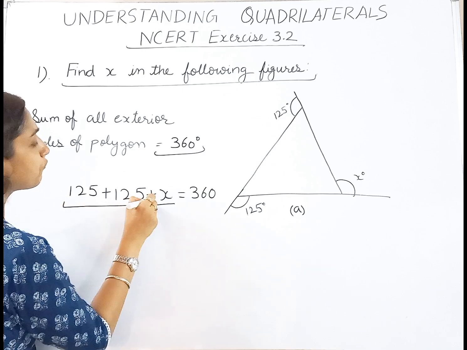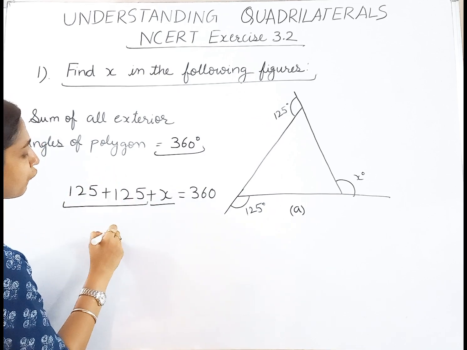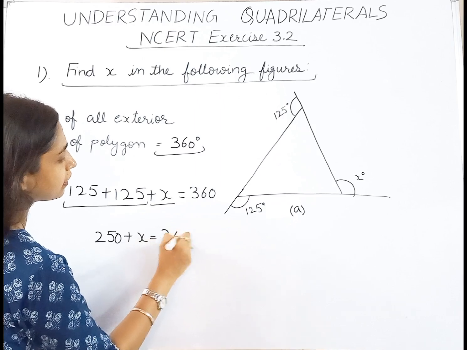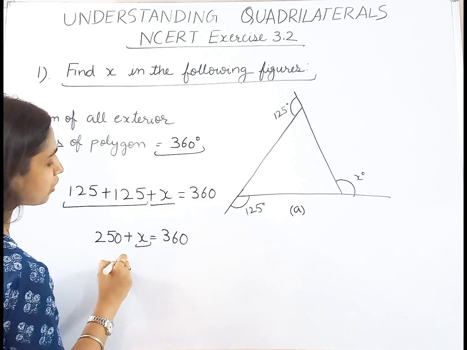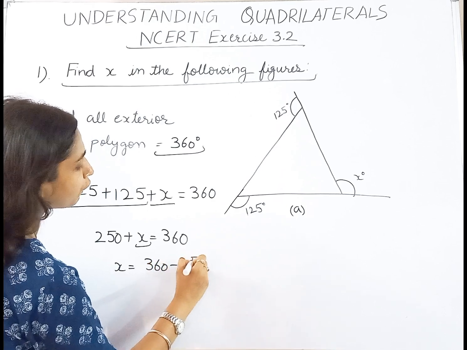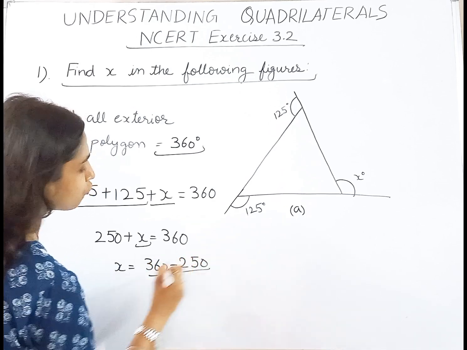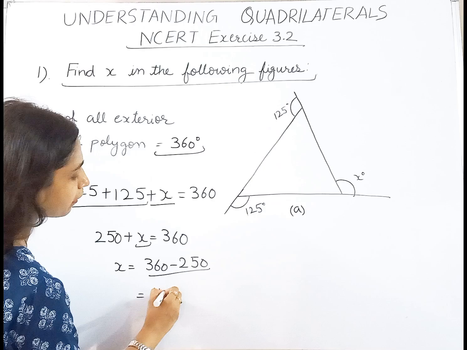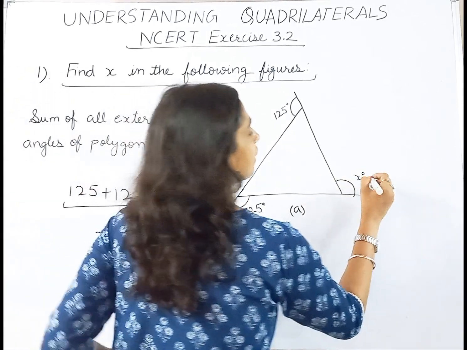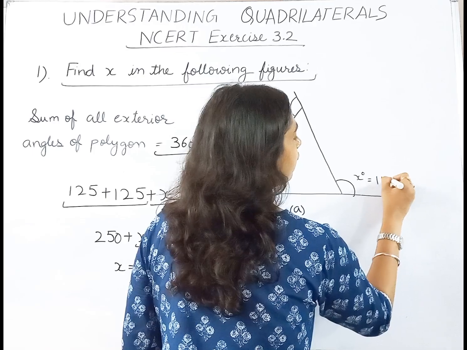Now 125 plus 125 is 250, plus x is equal to 360. The value of x comes out to be 360 minus 250, which is 110. So the measure of angle x is 110 degrees.